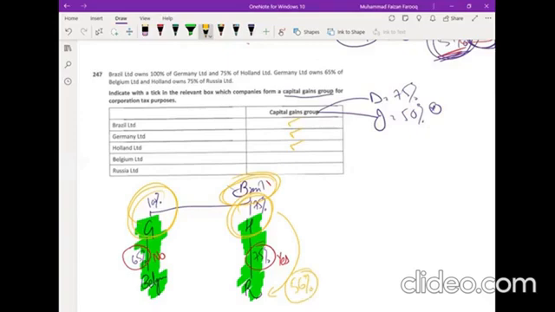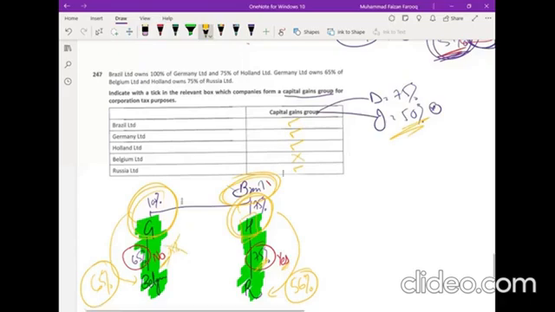And Holland and Russia in between are creating a 75% group or no? Yes. So Russia is okay. What about Belgium? 65% is more than 50, but are Germany and Belgium making a 75% group? No, they are not. So Belgium will not be part of the capital gains group.